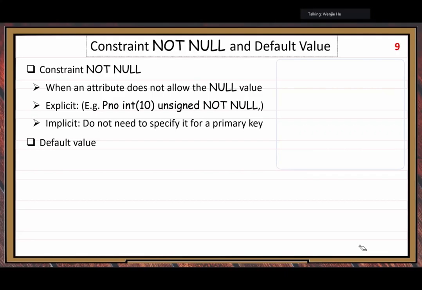Default value. If you have to use the not null constraint for a particular column, you make it very strict, right? If the value is unknown, if the value is not provided, then you reject it.